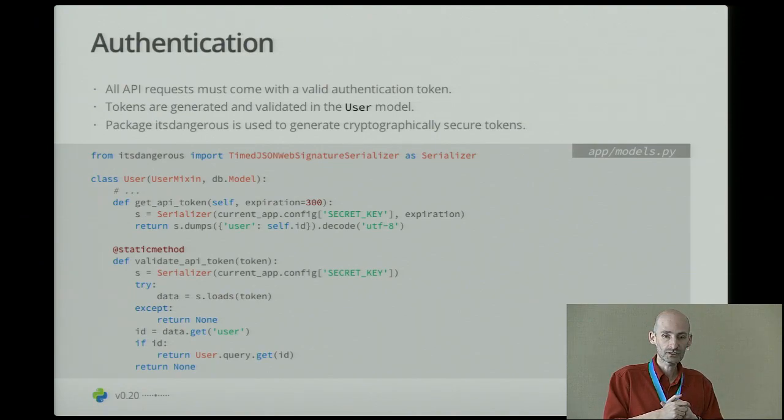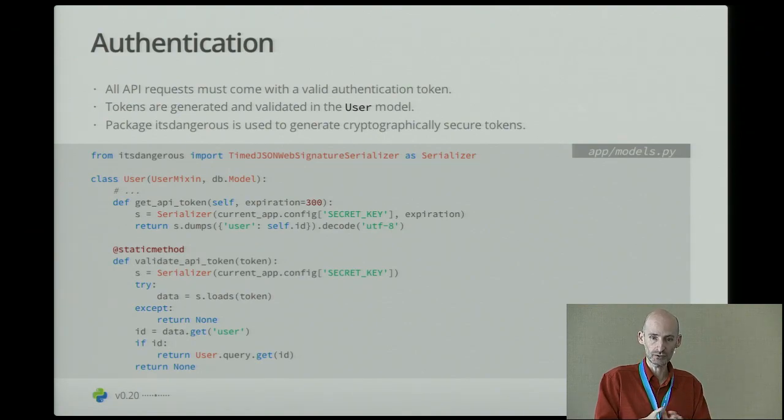That package generates an encrypted version of a Python dictionary that you can only decrypt if you know the secret key. Remember, at the very beginning I showed SECRET_KEY as one of the settings. So your secret key should be secret, and if it's secret, then you're the only one that can encode or decode a token.